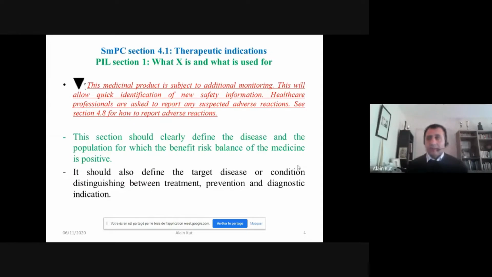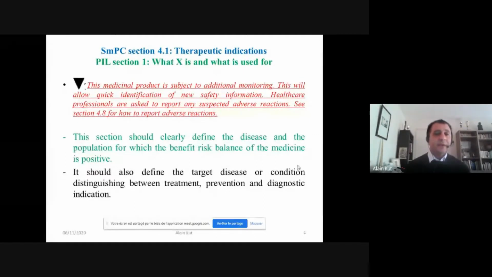The safety related information in SMPC is generally in section 4, clinical particulars, and in section 4.1, therapeutic indications, that corresponds to section 1 in the PIL. We can find first of all what is mandatory for medicine that needs additional monitoring.